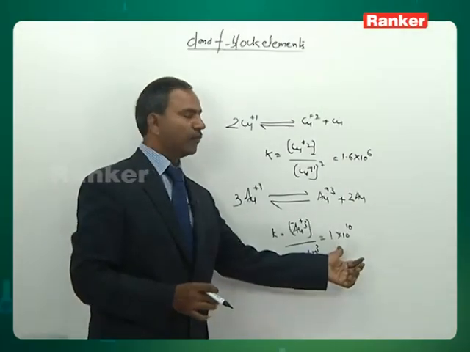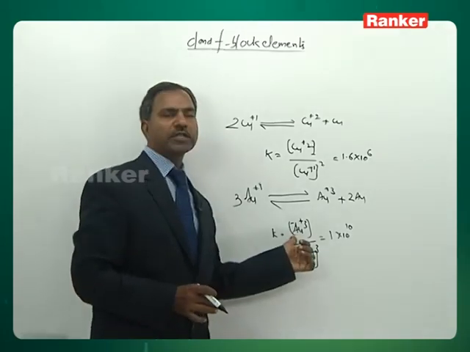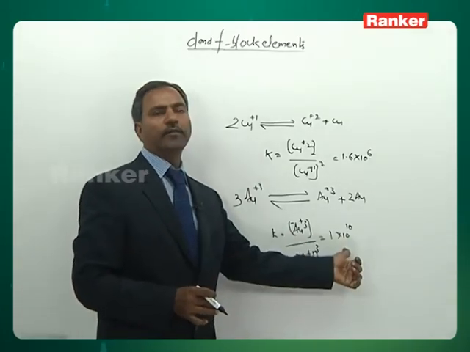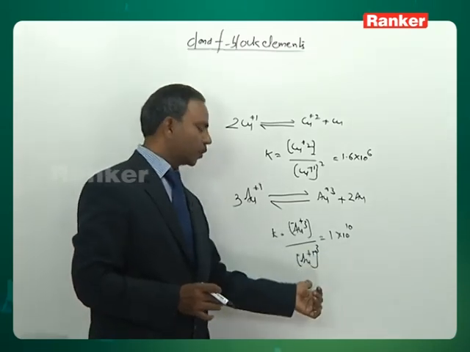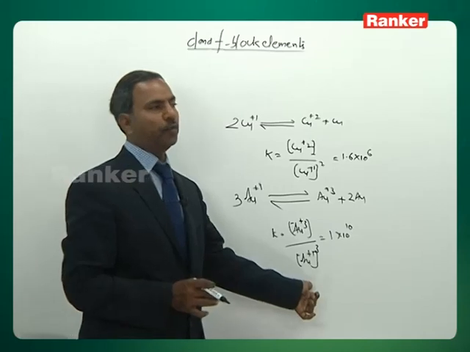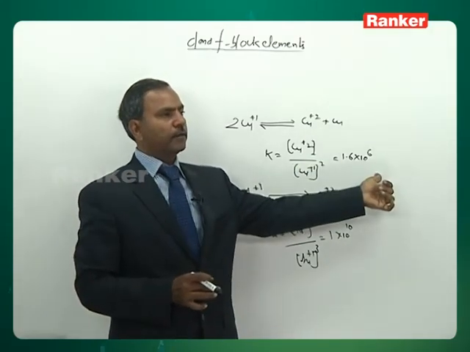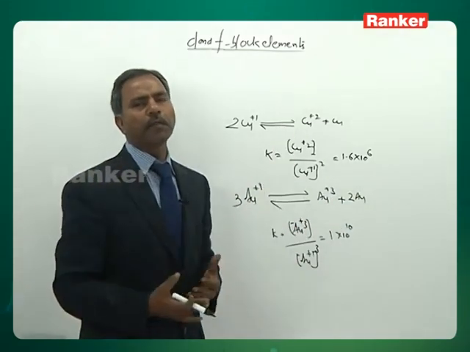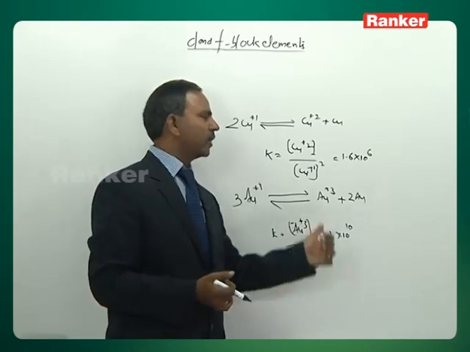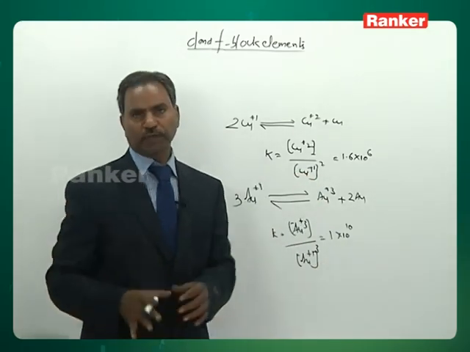Imagine, it is a very big value, meaning in aqueous solution the Au plus 3 concentration is millions and billions of times greater than Au plus 1. Both copper plus 2 and Au plus 3 concentrations are many times greater than copper plus 1 and Au plus 1 in aqueous solution.